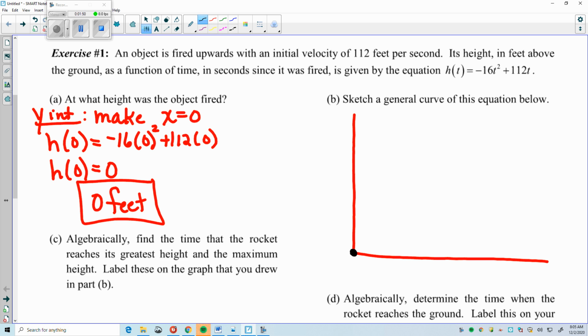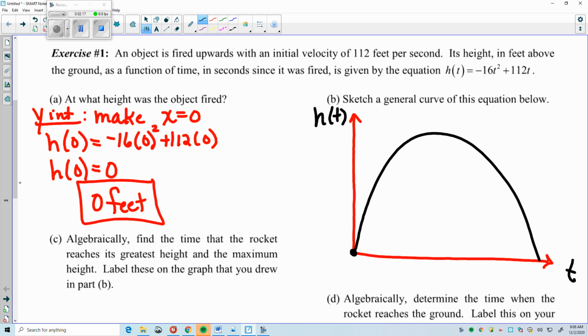If I were to label my axis, I could say this has to be h of t and this has to be t. Okay, good axes would have arrows, so we're going to go back and put that on there. And in general, I know it's opening down. So if I were to take my parabola and graph it, general graph is going to look like this. Now we'll go back and we'll label some important points after we solve these next few questions.